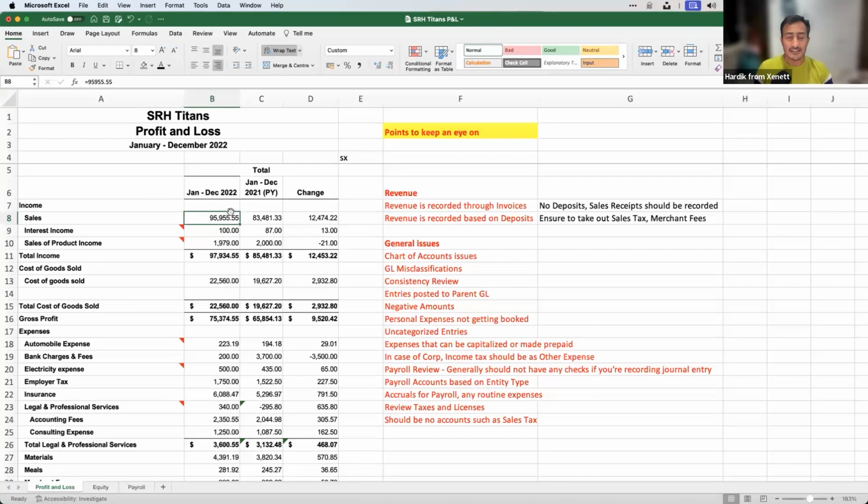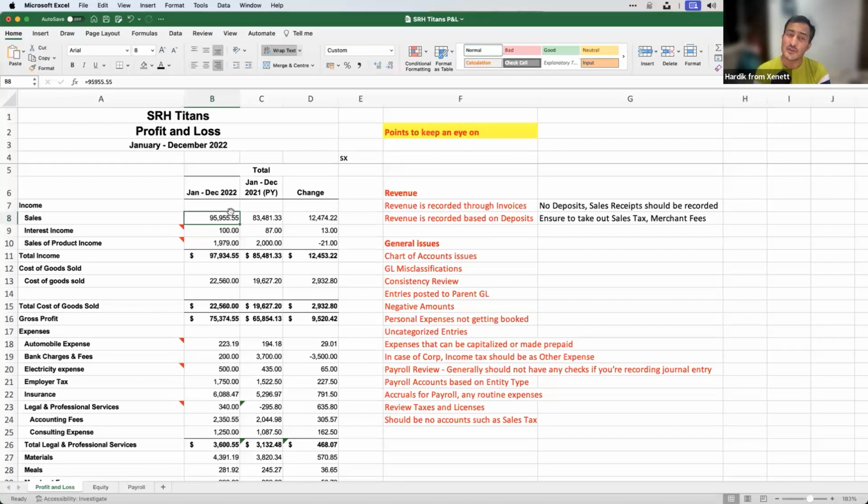In this case, we have to increase the sales and debit the expense for the merchant fees, right? So that is why I said that it all drills down to what kind of business it is, how the revenue is being recorded, and that's how we need to make some of the adjustments that I just spoke about, right?